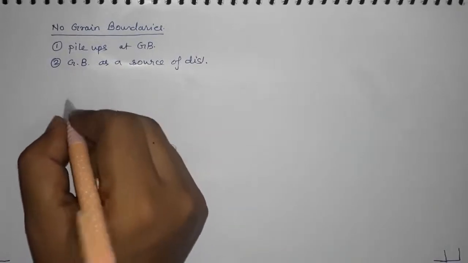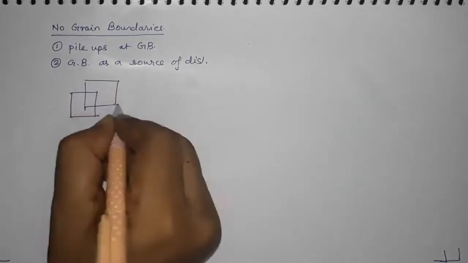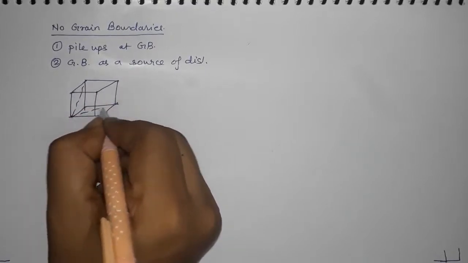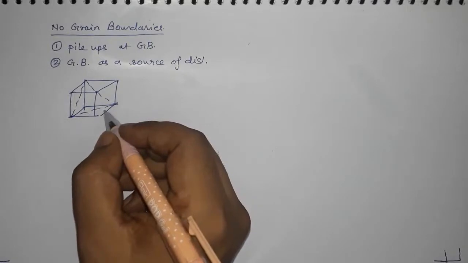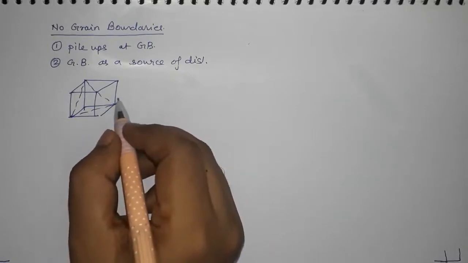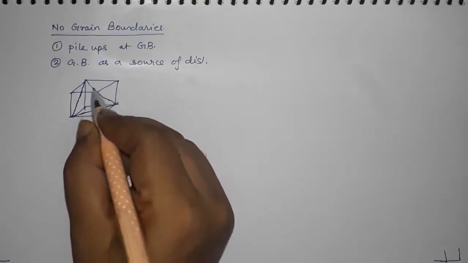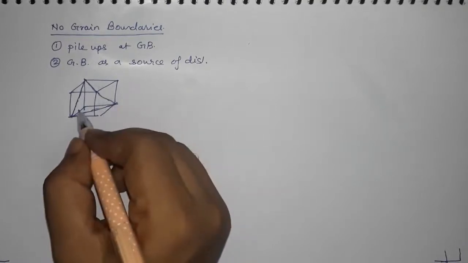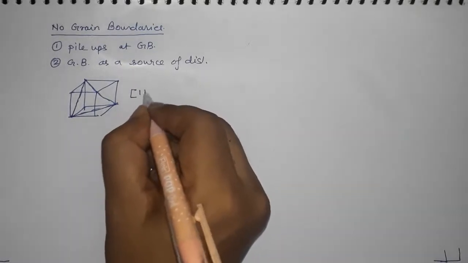Apart from that, if you consider FCC crystal, in FCC we know that the slip plane is this one. Okay, so now there will not be other slip systems which will be in a different orientation. So all this 111 plane will always be either in this direction or parallel to that, but there will be a family of 111 planes.